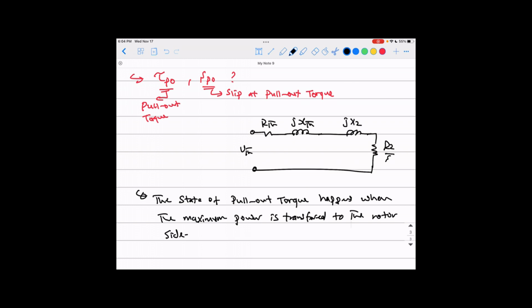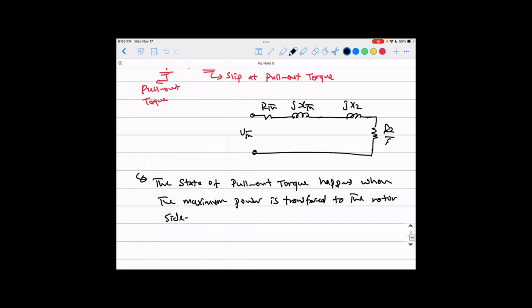So you're just trying to find the biggest torque that the machine can develop, and that's because the torque is mainly just representing the power that's converted into mechanical energy. So that means the maximum power that can go to the rotor side from the stator side. Okay, guys, that is your rotor side on this side.